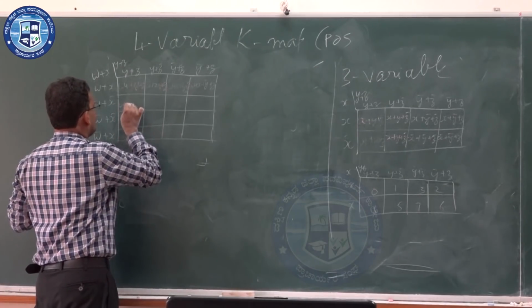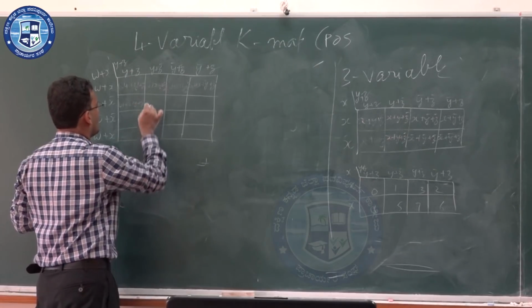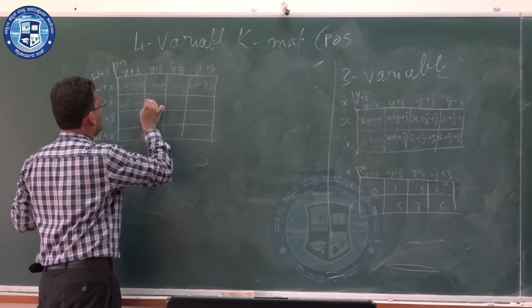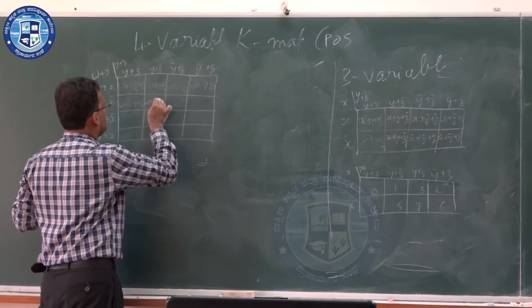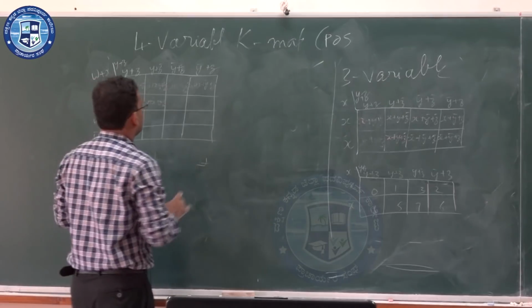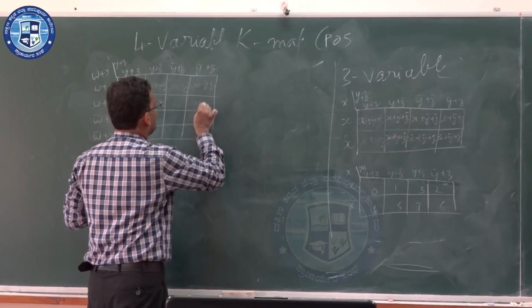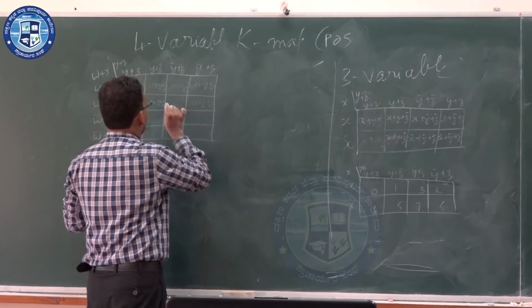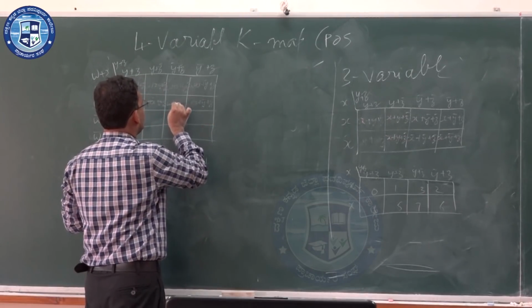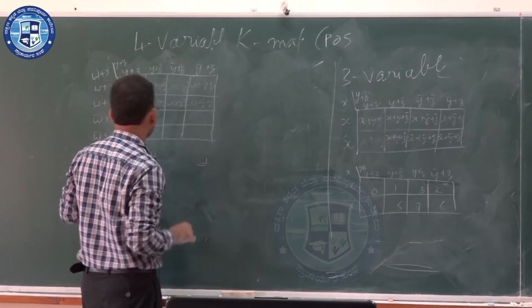W plus x bar plus y plus z 4, w plus x bar plus y plus z bar, w plus x plus y bar plus z and w plus x plus y bar plus z bar.